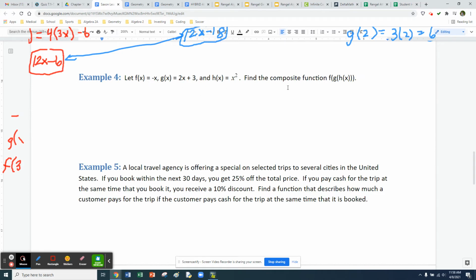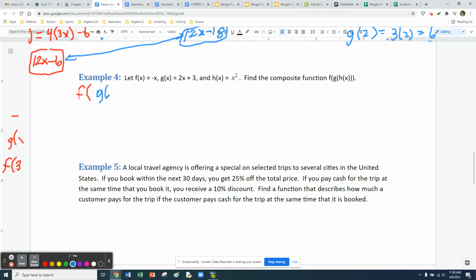In example 4, we're going to do a composite function with 3 functions. So this is something that we're just going to introduce. It's not something that Delta Math will practice today. But here we'll take f of g of h of x. We've got 3 of them, and I'm going to color coordinate this a little bit better.